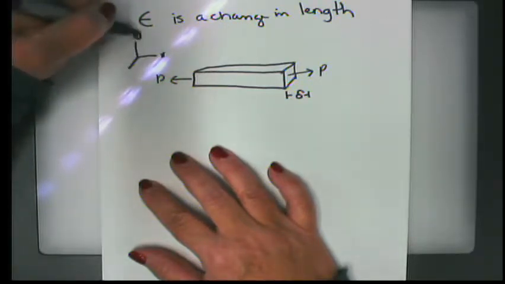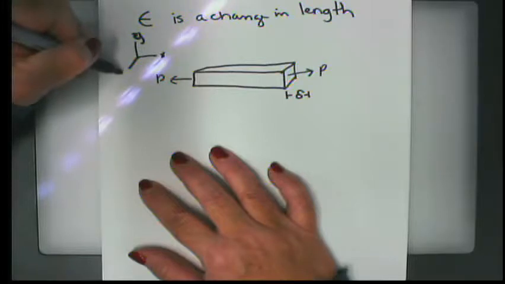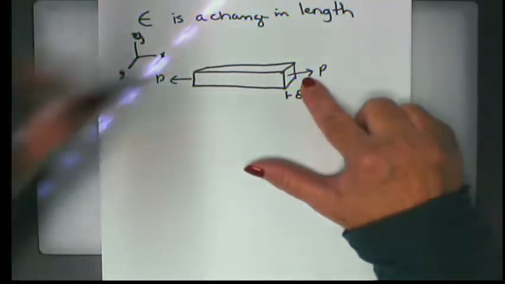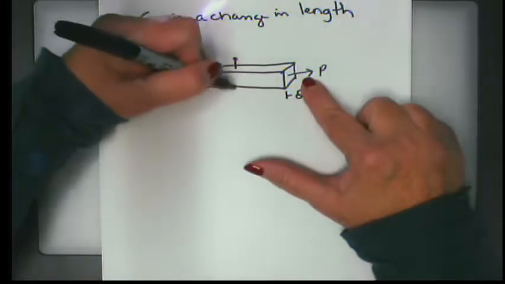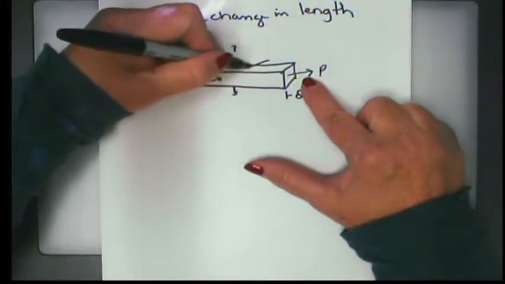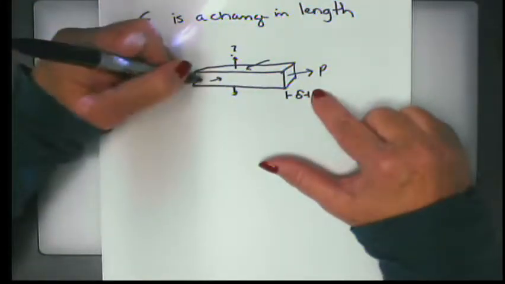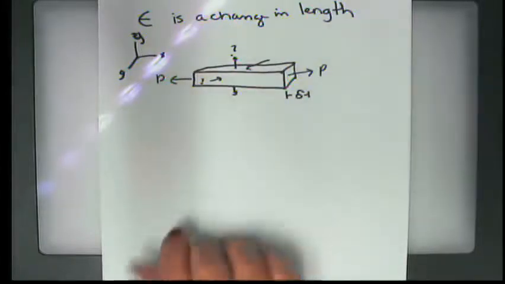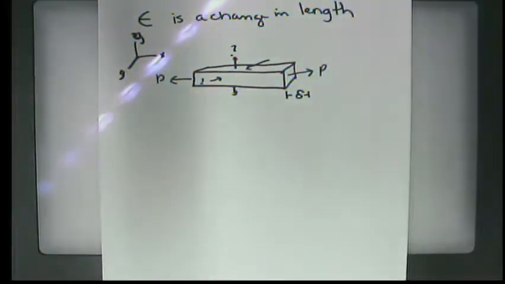Now let's call this y and this z, just for kicks. This is generally what we do. So we're getting an elongation along the x-axis. In terms of the size and shape of this structural member, if it elongates this way, what do you think is going to happen on the y and the z axes? It will shorten, exactly.